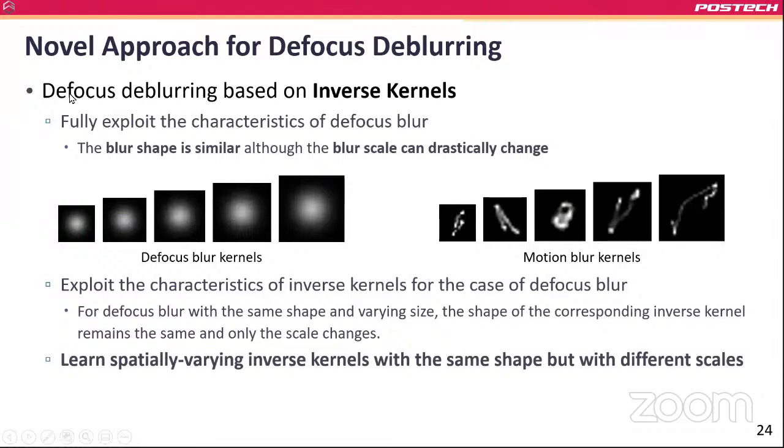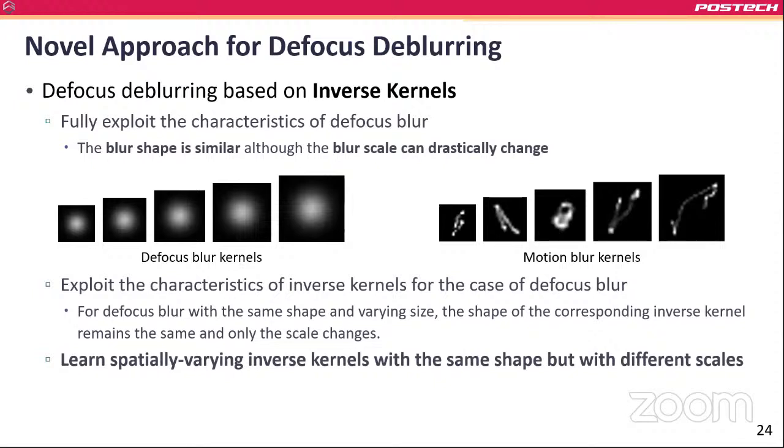still we have some concern, or we are not quite happy about the previous result, because we realized that even though the network works very well for defocus deblurring, it does not fully exploit the inherent property of defocus deblur.